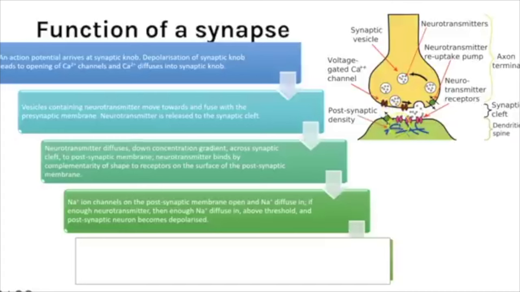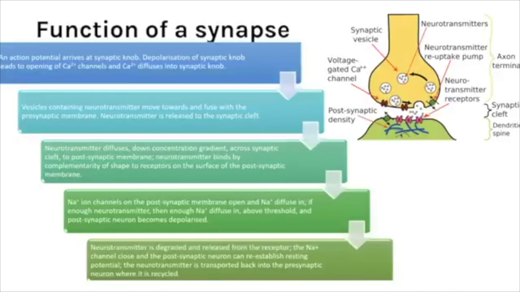Therefore, sodium ions will diffuse in, and if enough sodium ions diffuse in to exceed that minus 55 millivolt threshold, then the action potential is generated. So that will then cause that action potential to be generated in the postsynaptic membrane, and then it can continue along the axon of the next neuron.